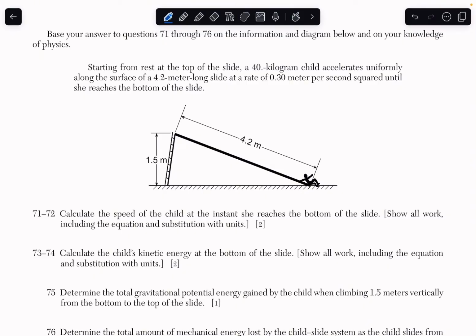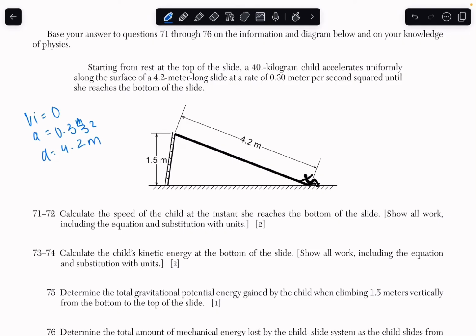So, let's write down all the information that we have. For the vertical component of this problem, our VI is going to be 0 because the kid starts at rest. Remember that. And then we're also given an acceleration of 0.3 meters per second squared. And we're also given a distance of 4.2 meters.